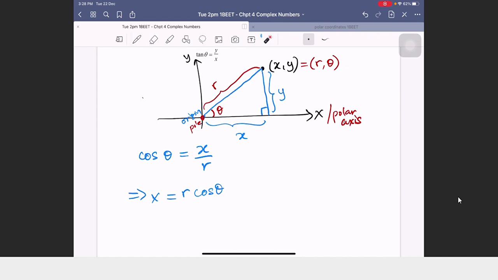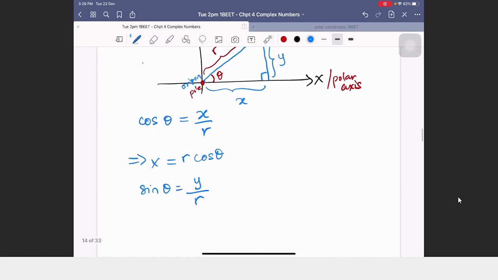So we can define sine theta equals opposite over hypotenuse. Then from here, we get another definition, y in terms of r is r sine theta.